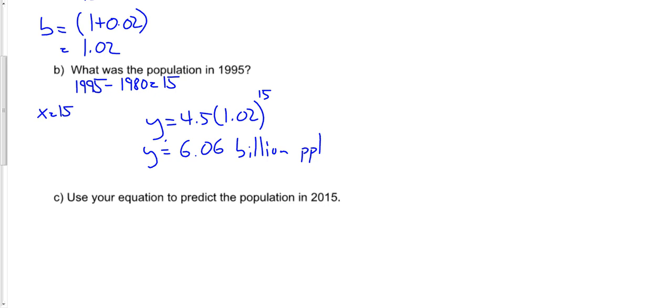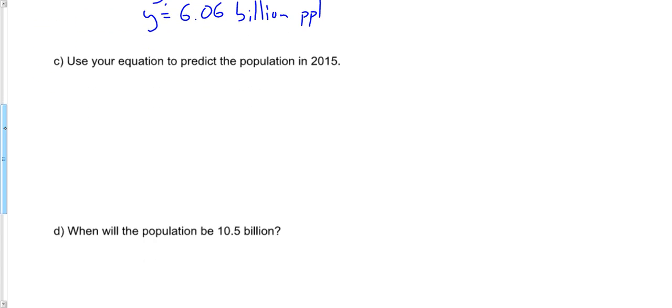So the next thing I want to do in part C is predict the population for 2015. So if this equation still holds, then I want to figure out the population in 2015. So again, I take 2015 minus 1980, that was our starting value. So 2015 minus 1980 is going to equal 35. Okay, so 35 years have gone by. So in this case, my x value is going to equal 35.